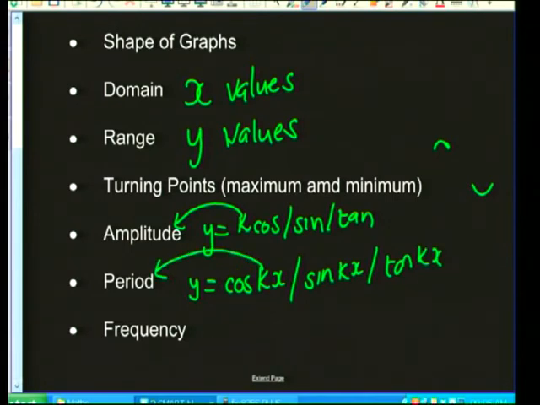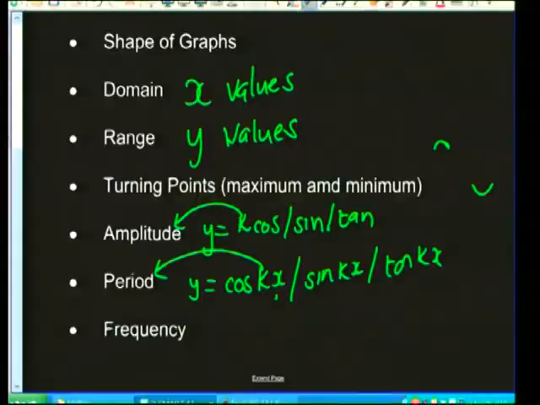So this is the coefficient of the x. See, there's a difference between the amplitude and the period. Amplitude, the coefficient in front of the trig function. Period, the coefficient in front of the x. Frequency. Frequency is how often a full period occurs.